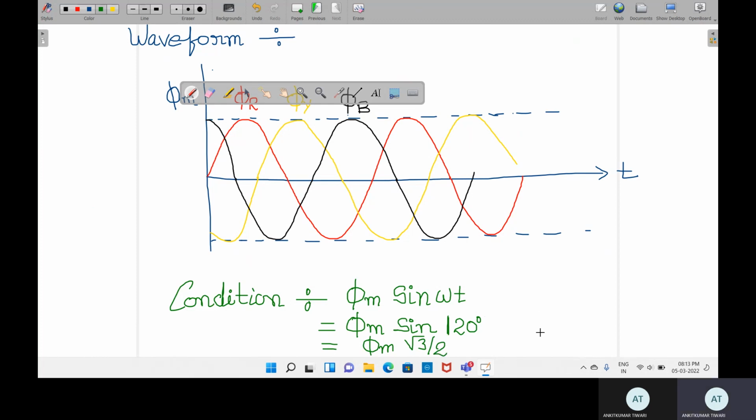So wherever there will come the point to place the quantity of flux, we will select this quantity, whether it is phi r, phi y, or phi b. So under root 3 by 2 into phi m.